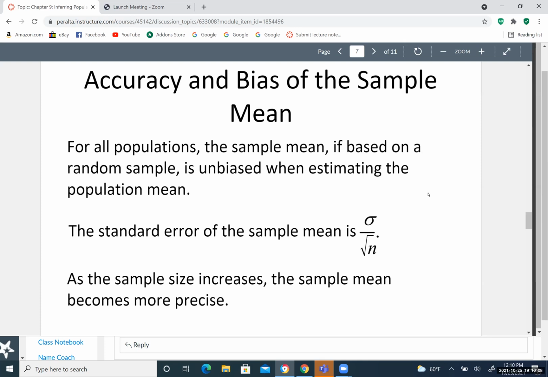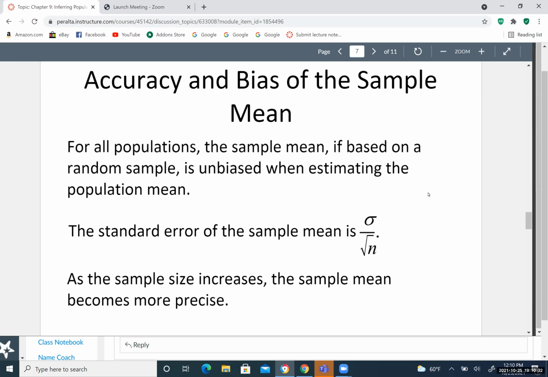So this is the standard error. For the sampling distribution, we are always based on the size, so they will provide us the standard deviation, but also the number of data so that you can compute the standard error.